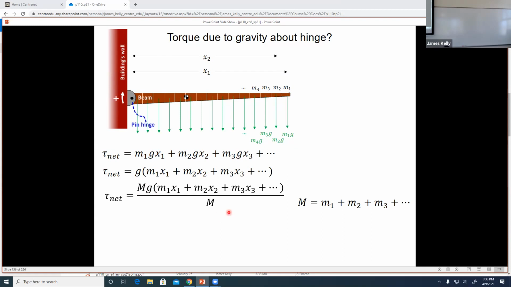Okay, so the capital M here is just shorthand for the sum of all the masses. That's just the total mass of the beam. And then we're going to look at everything except the capital M times g. So I have all this stuff in the parentheses divided by capital M. We're going to define that to be something called the x-coordinate of the center of mass, if the x-axis is horizontal, as I'm kind of suggesting here.